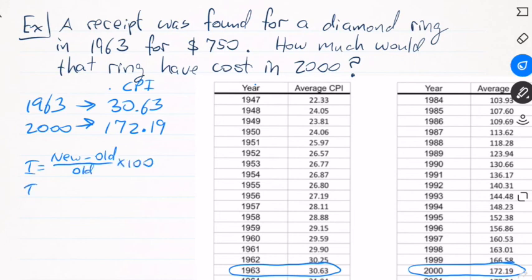So in this case, the inflation is going to equal the new value, the most current one, which is 2000, 172.19. The old one is the 1963 value, 30.63, all divided by the old one, which is 30.63.